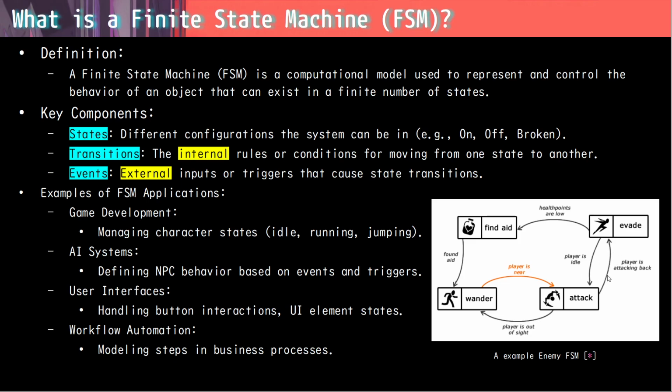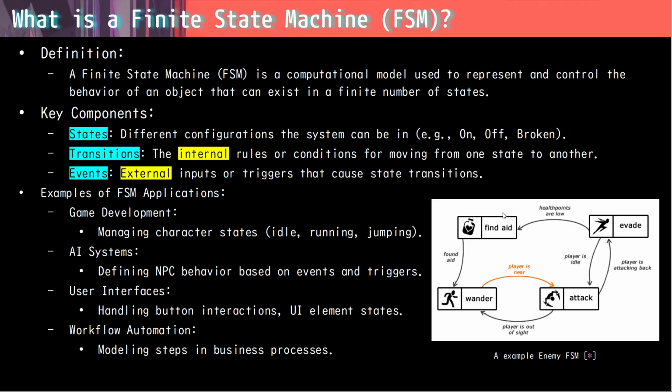So we see another loop over here again. So let's take a look at the state over here. This state is called find aid. So when the enemy is in this state, he is going to find some aid. So let's see the transition condition. When the enemy is evading, but his health points are low, then he's going to find aid.